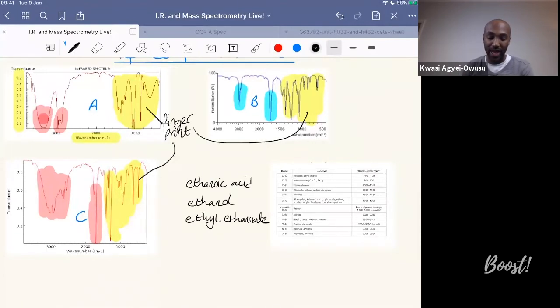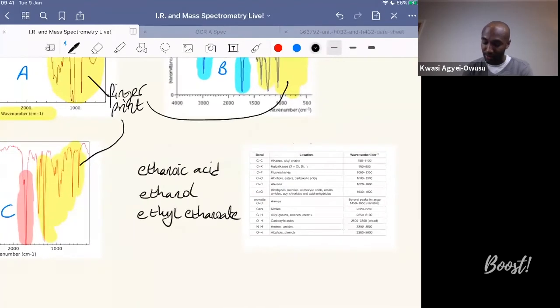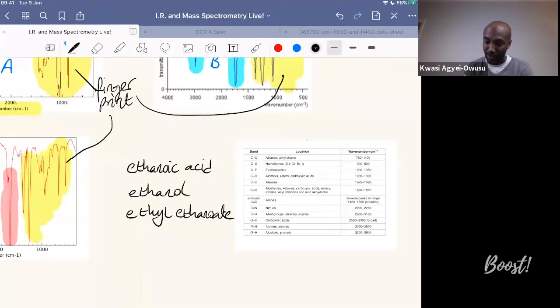So if we take A for starters, you've got a strong absorbance at about 3,300. And if we look at our table, the strong absorbance at about 3,300 is for an alcohol OH.